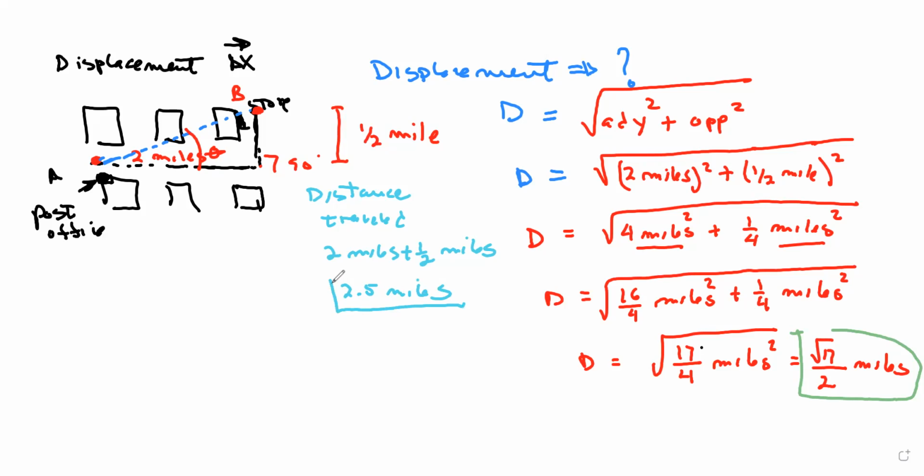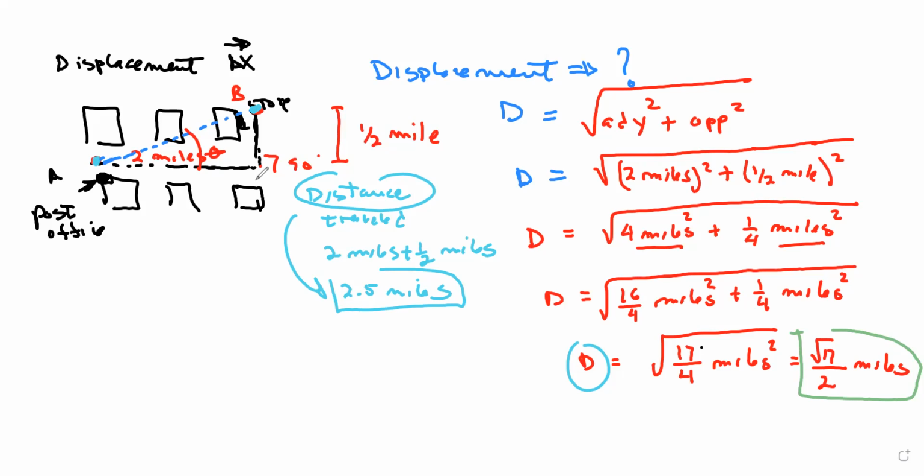As you can see, they are not the same thing. This one right here is the distance traveled, and this one over here is the displacement. These two are different quantities. The displacement is the distance between A and B, and the distance that you walk would be 2 miles plus 1.5 miles.